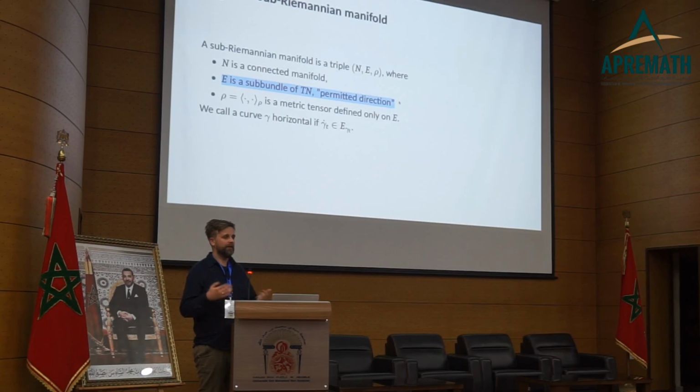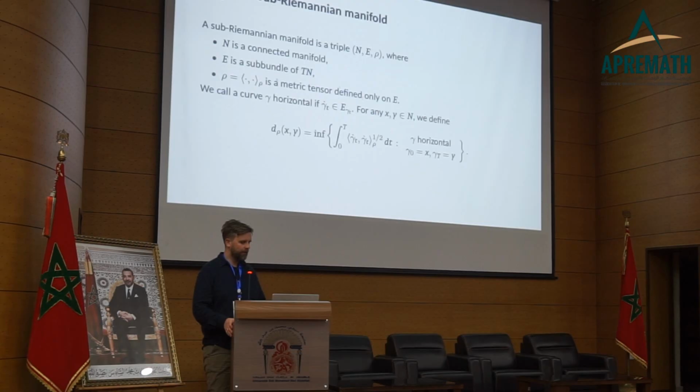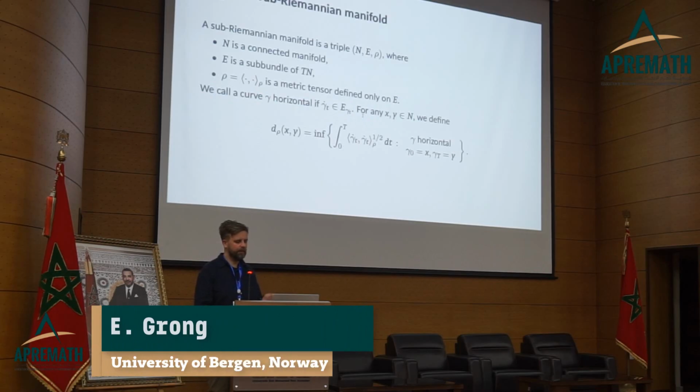Another way to think about it, perhaps a better way, is that only some directions have finite length, and the other directions have length infinity. And so you're completely blocked from going in that direction, because it will make your curve way too long. If you have a curve just going in these permitted directions of the subbundle, it's typically called horizontal.